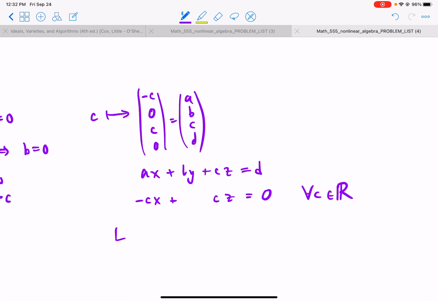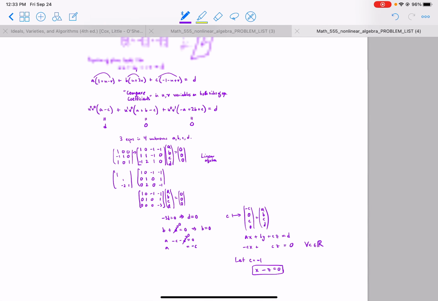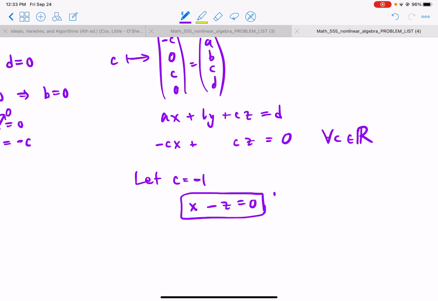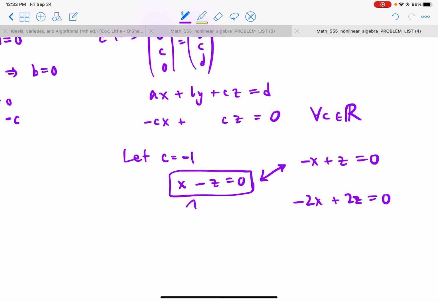And so let c be equal to minus 1. Why minus 1? So that we get x minus z equals 0. Anyway, this works. Also, minus x plus z equals 0 works. We could take minus 2x plus 2z equals 0. All of these are equations, and this is our answer.